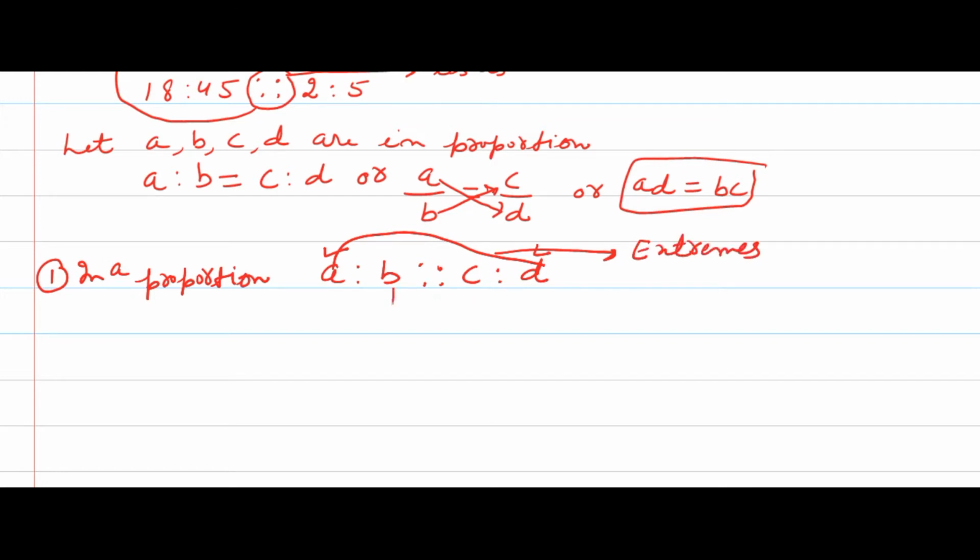And the middle terms, this and this, we will call means. Right, one thing you have to remember: the product of means is equal to the product of extremes.